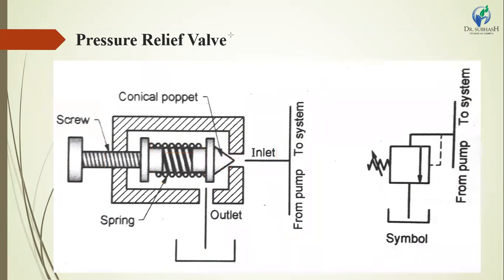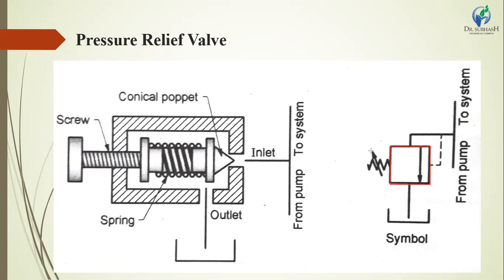We have to understand the hydraulic symbol. For any pressure control valve, we have to put a hydraulic symbol here. First draw the square block for the pressure relief valve symbol. Here it is shown as a spring and arrow.